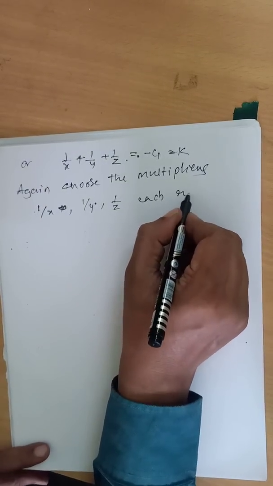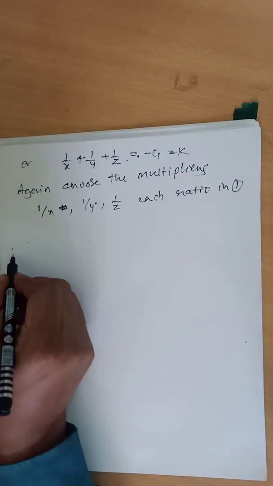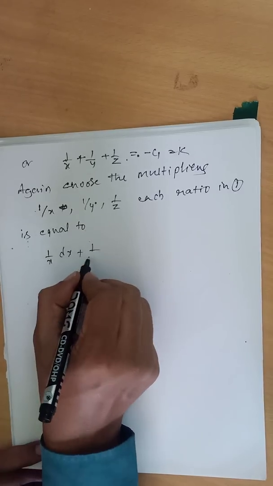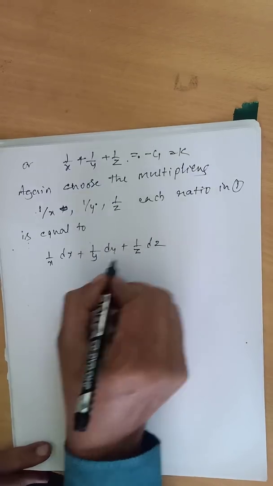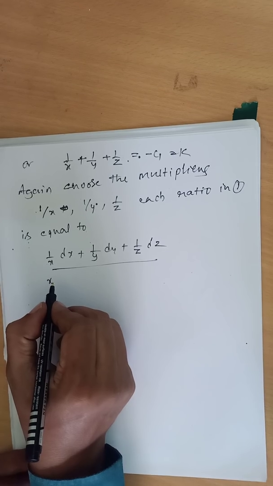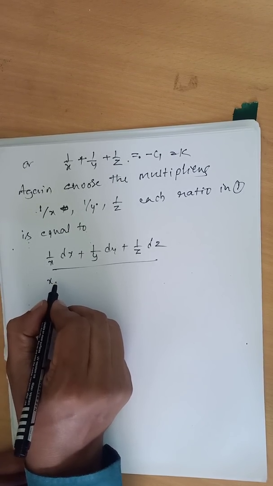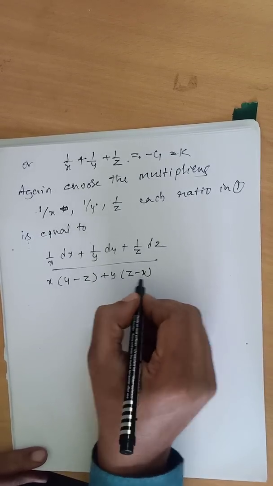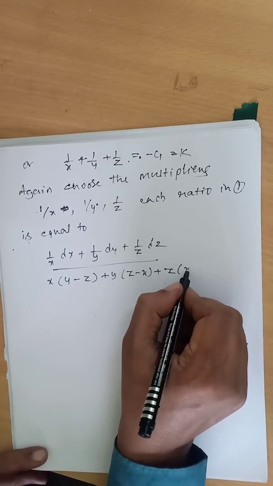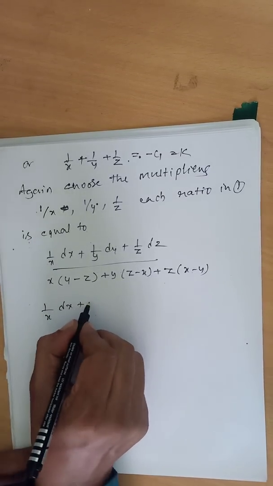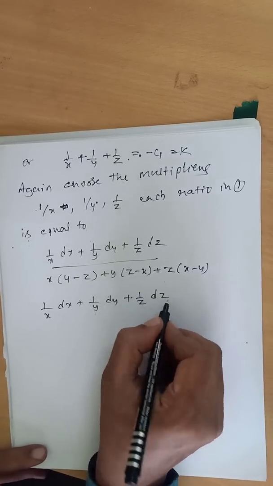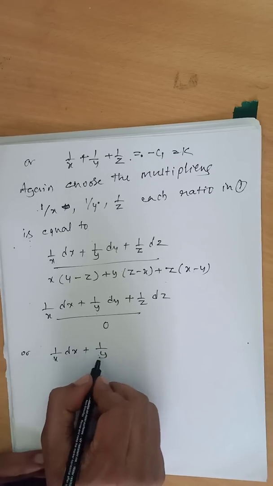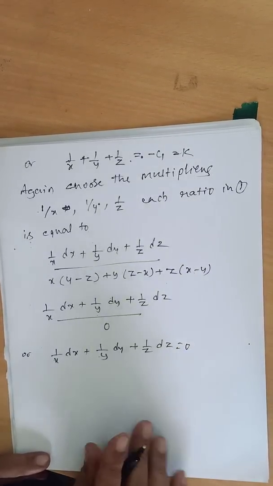Each ratio in equation 1 is equal to (1/x dx + 1/y dy + 1/z dz) divided by x² into 1/x, which is x(y − z), y² into 1/y, which is y(z − x), z² into 1/z, which is z(x − y). So 1/x dx + 1/y dy + 1/z dz divided by 0, or 1/x dx + 1/y dy + 1/z dz equal to 0.